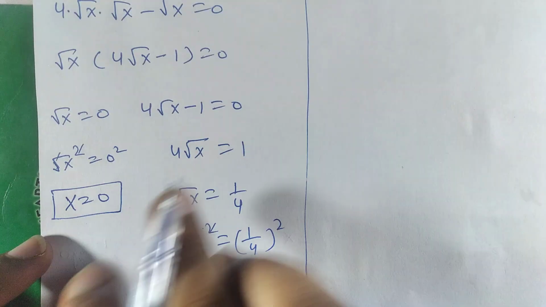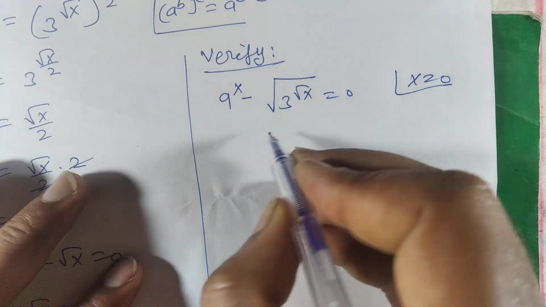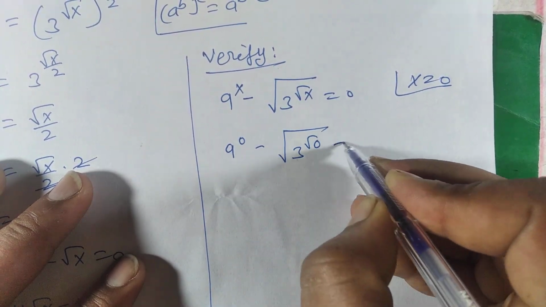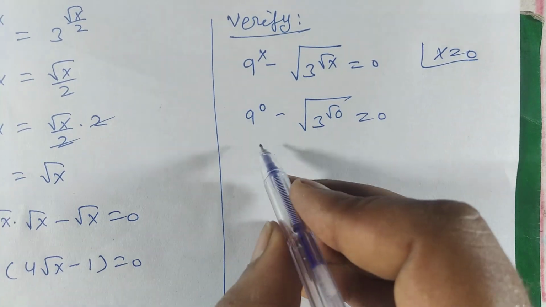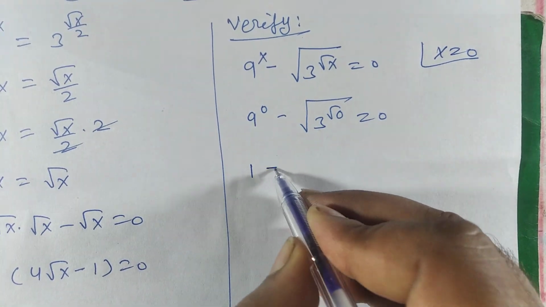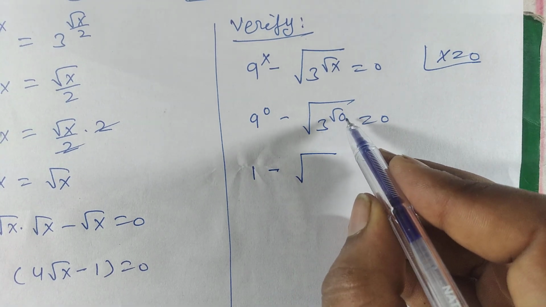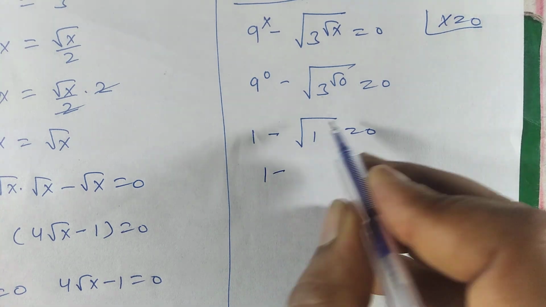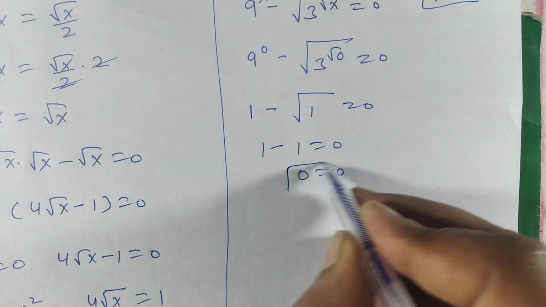Putting x is equal to 0: 9 to the power 0 minus square root of 3 to the power square root of 0 is equal to 0. Any number to the power 0 always has the value 1, so 1 minus square root of 1 is equal to 0.